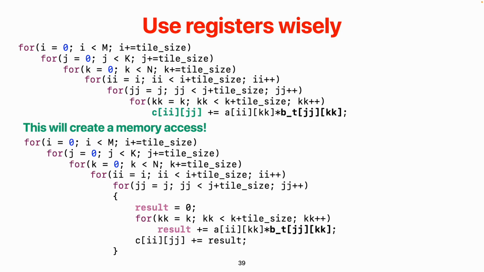If it's a local variable, that's where the C compiler will try to use register allocation for the value as much as possible. So what you need to do is put a variable here, and this variable has to be declared locally in the code so that C will try to make it a register.